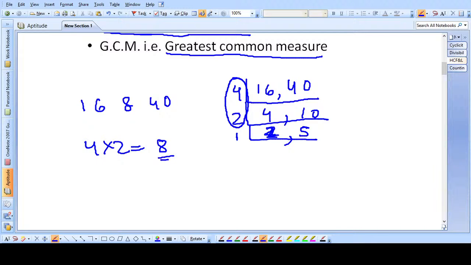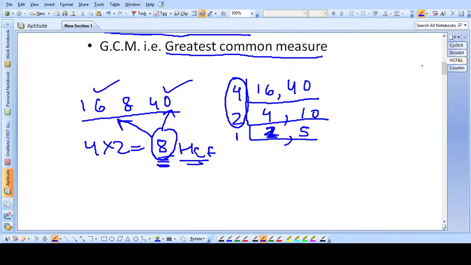So this is the HCF of 16 and 40. This is the number which can exactly divide 16 as well as 40. This is the highest number which divides both the values.